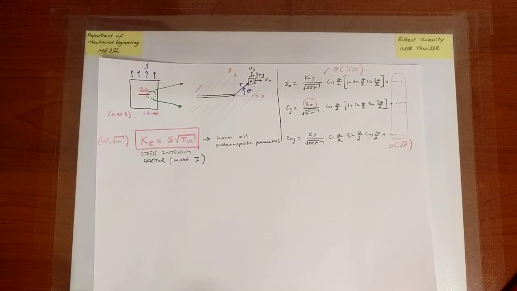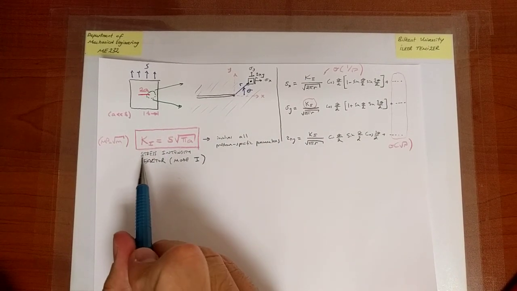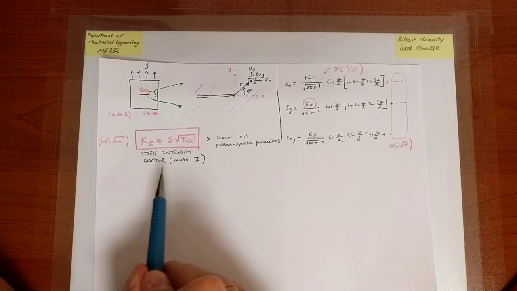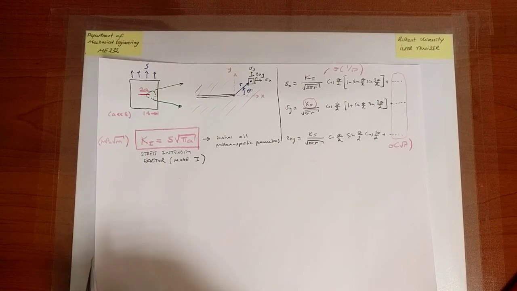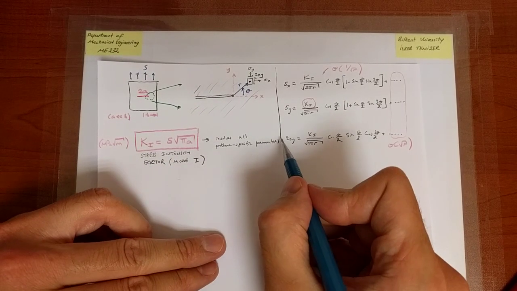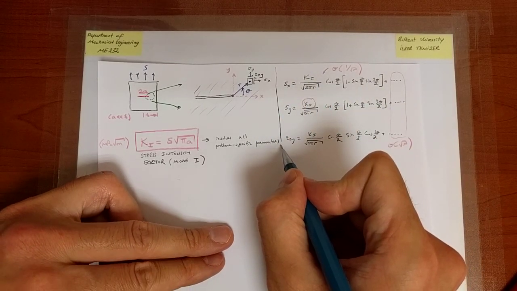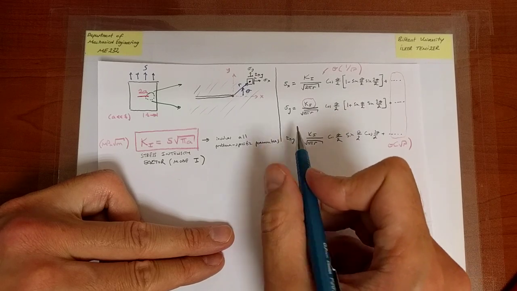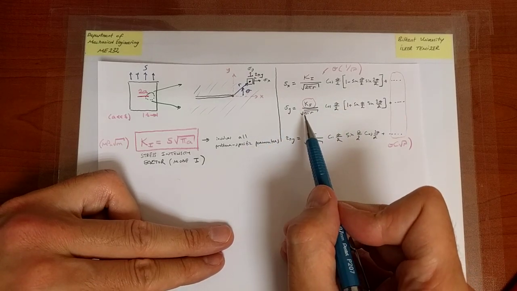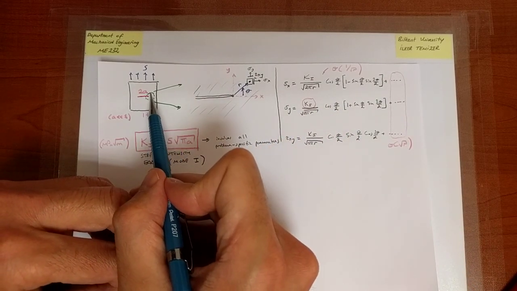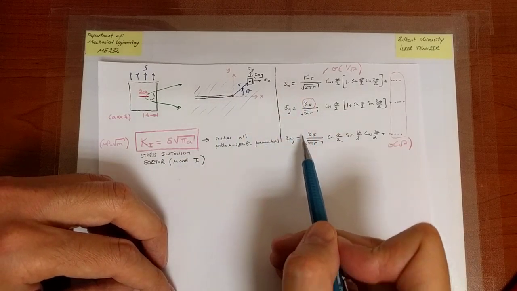Okay, now this is our first exposure to this important parameter, which is called the stress intensity factor, in this case for mode 1. And in terms of that factor, the stress components have been defined. Now you might ask yourself, well, we've said that the stress field in the vicinity of the crack tip is a multi-axial stress state.